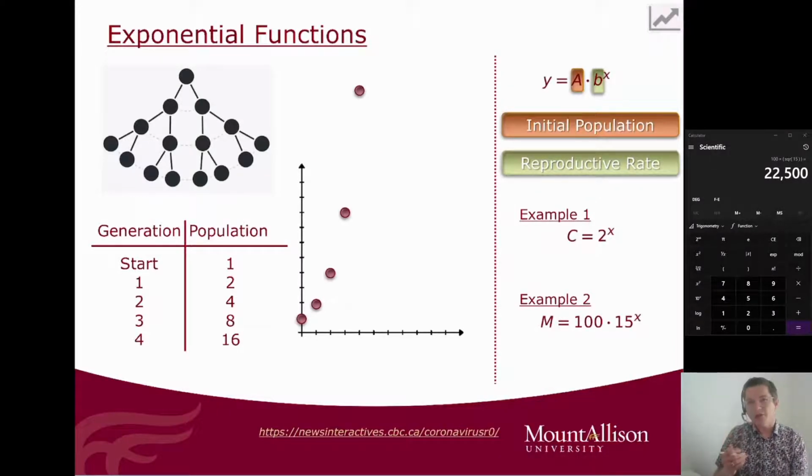So if I were to start with something, let's say we were in a pandemic, and we had a disease that might spread from one person to two. Well, in the first generation, it might spread from 1 to 2, but then each of those 2 people would spread it to 2 other people, so you get 4, and then 8, and so on. So you get this doubling kind of effect.